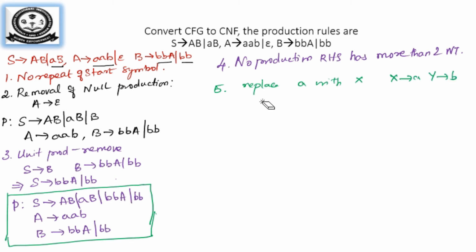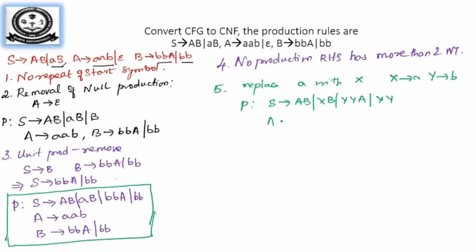Now we can replace the production rule. My production rule will be replaced as S tends to AB, and instead of small a I will be using x, so you will have XB. Instead of small b, I will be using y, so you will have YY capital A, or you can have YY.